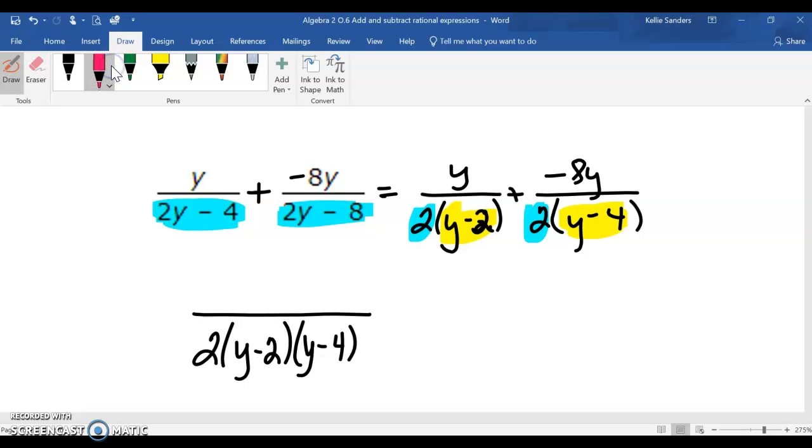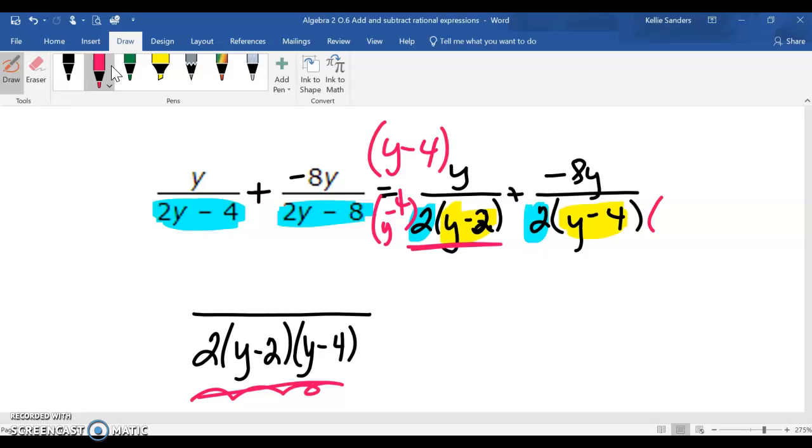So, what does 2 times y minus 2 need to be this? It needs a y minus 4. So this needs y minus 4. This needs a y minus 2. So this needs a y minus 2.